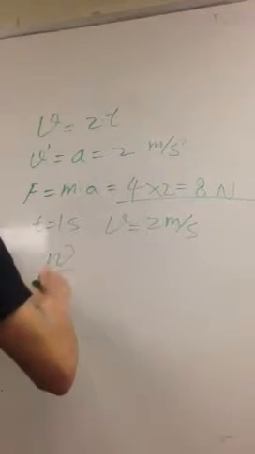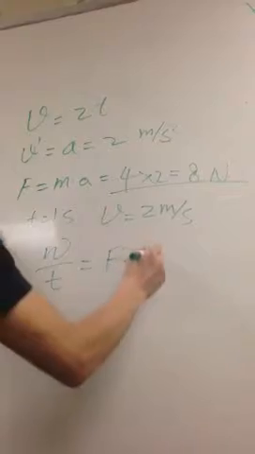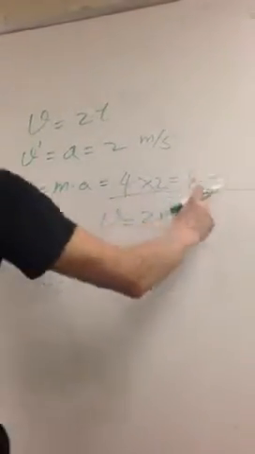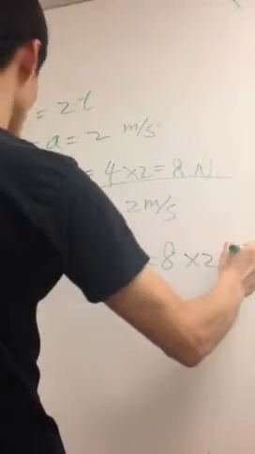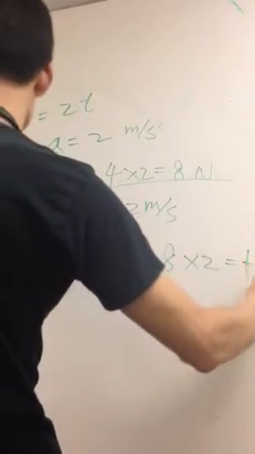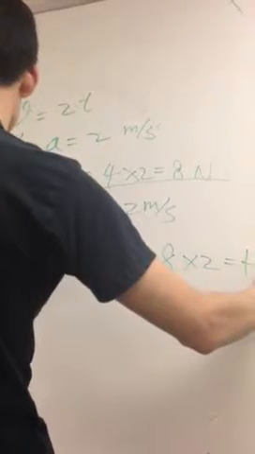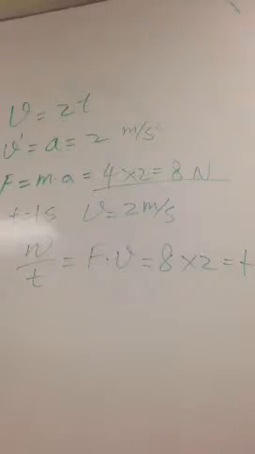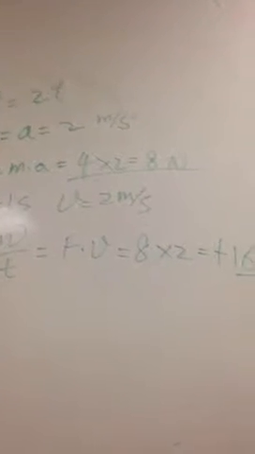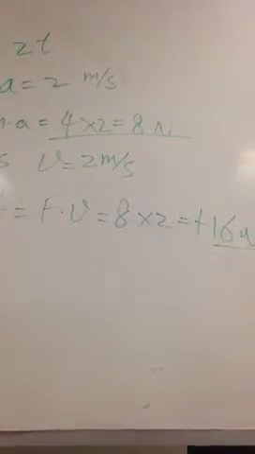Again, the work divided by t is the force times the velocity. The force is 8. Velocity is 2. So it's positive 16. So this question is E.